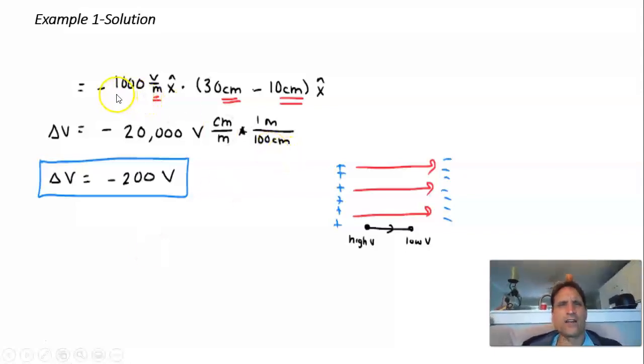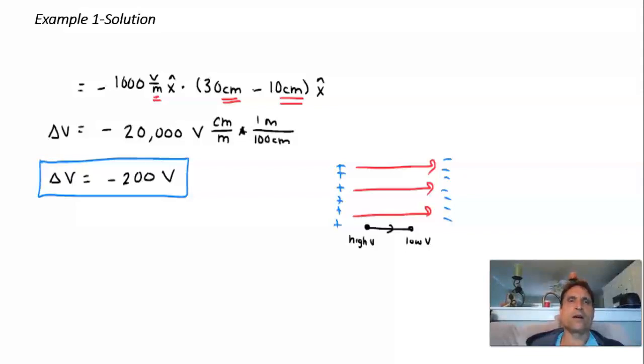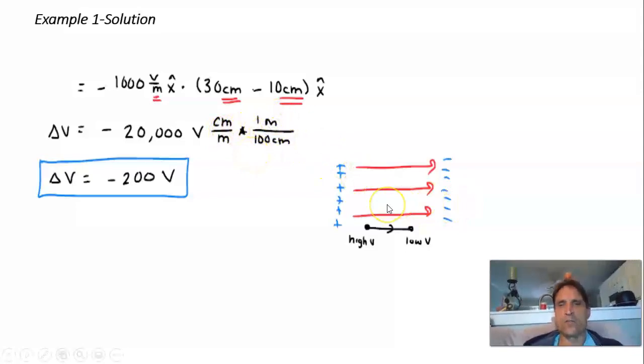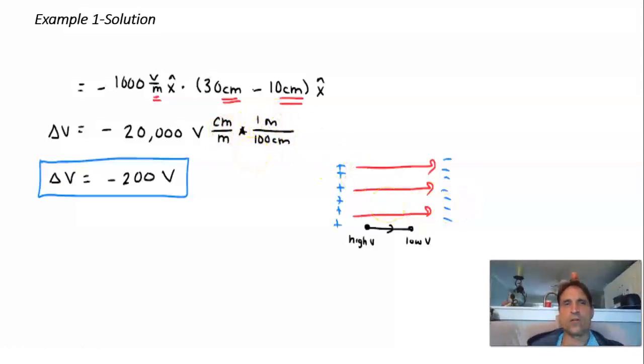So you plug that in and you get negative 1,000 volts per meter times 30 minus 10, which is 20 centimeters, and we get 20,000 volts per centimeter, or 2,000 times 100 centimeters per meter, and we get that the potential difference between the two points is negative 200 volts.